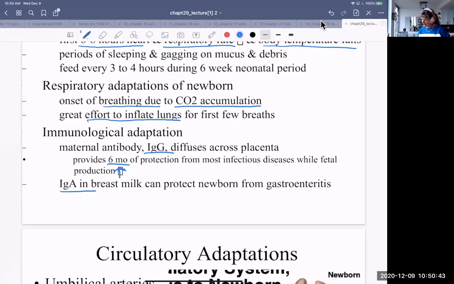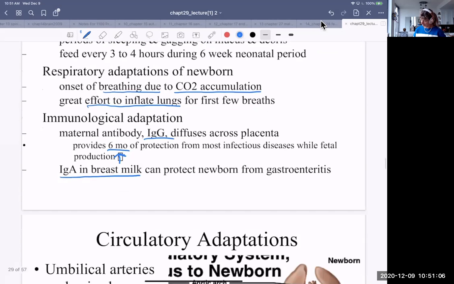The immunity proteins are also in breast milk, and that can protect the newborn from gastroenteritis. That's inflammation. Of course, the digestive system is also brand new and is just starting to be used. So it's a big deal.